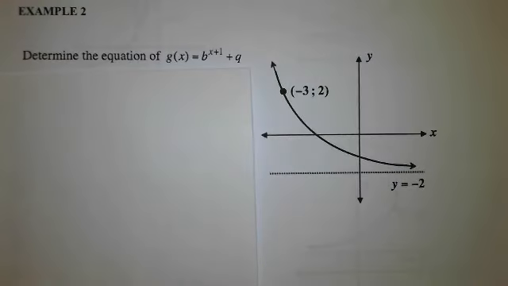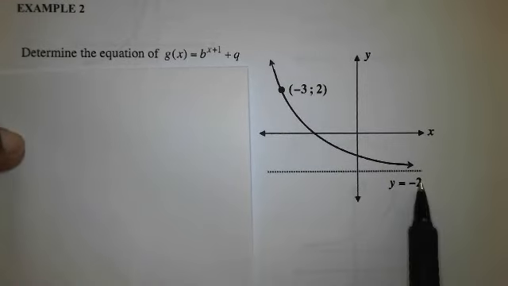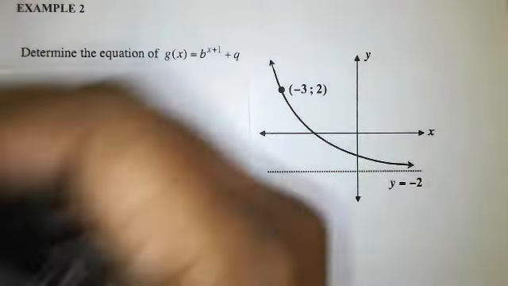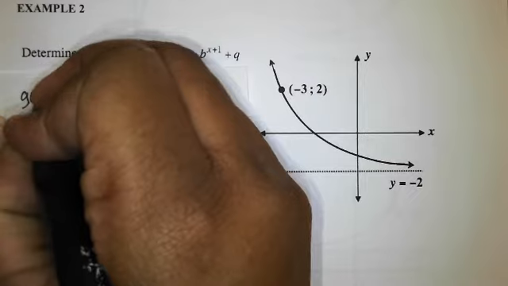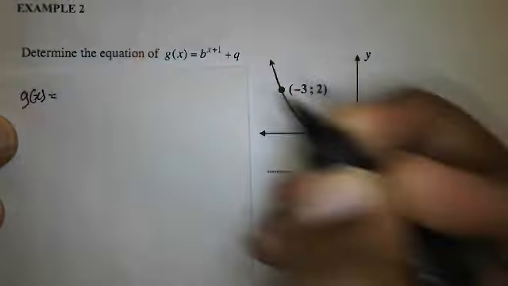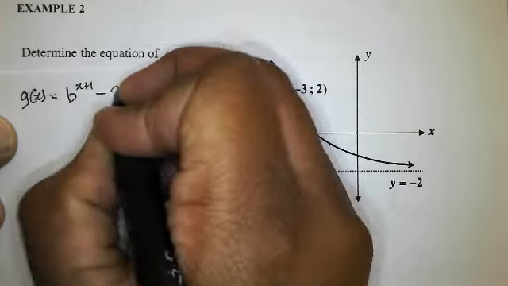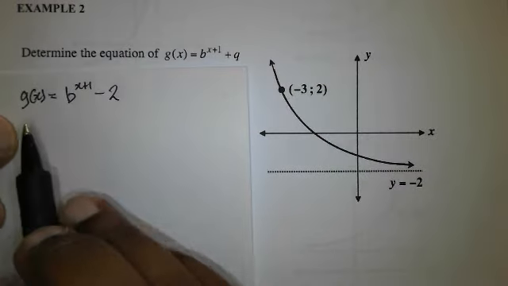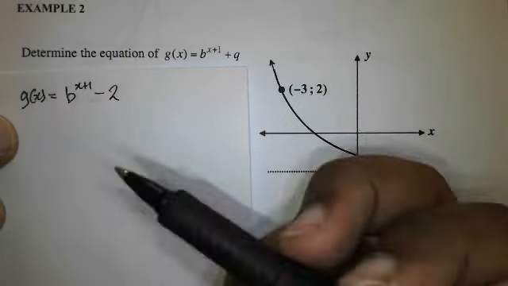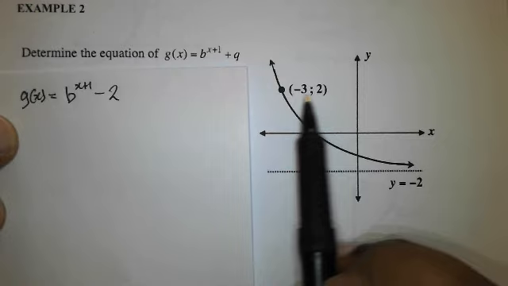Okay, so in an exponential, what do we know? Well, this q is the y asymptote, isn't it? So that means my function g of x should be equal to b to the x plus 1, minus 2. So I need to find b. What do we need to do? Find b, substitute this point.